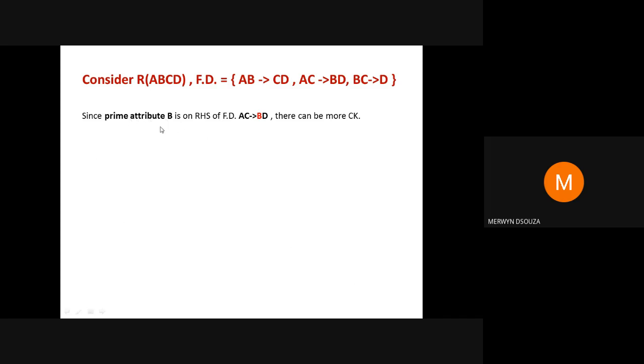Since prime attribute B is on the right hand side here, there can be more candidate keys. So in this previous candidate key, instead of B, you write AC. But please do not write AAC.